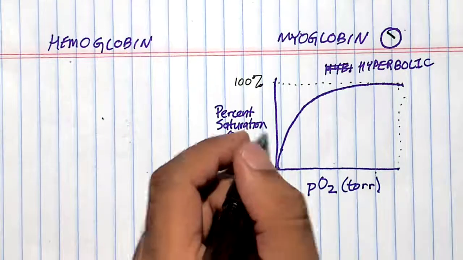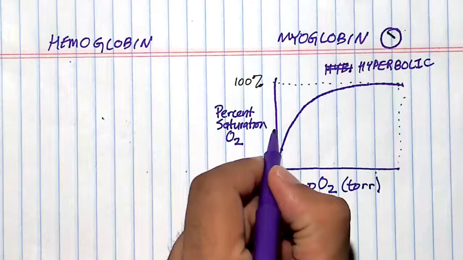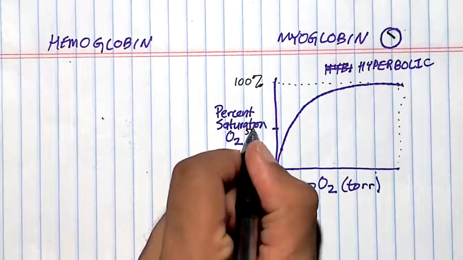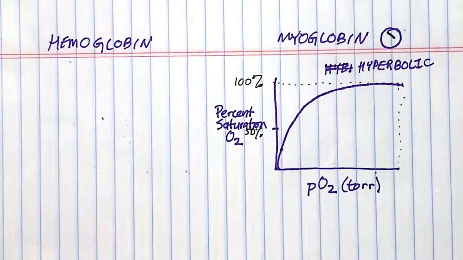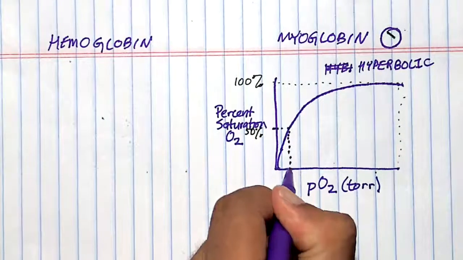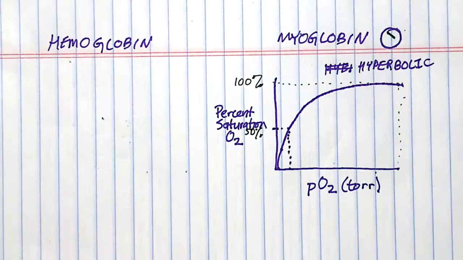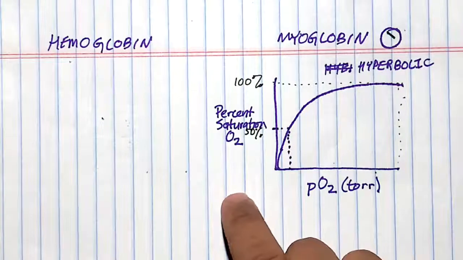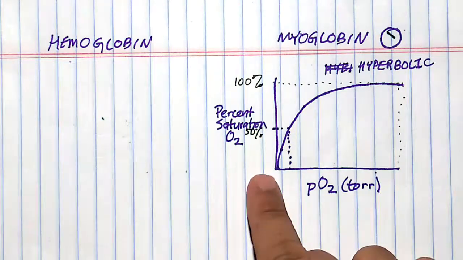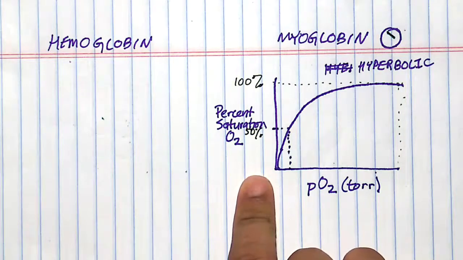What we're really interested in is 50% saturation, the pressure of O2 that's required to saturate 50% of the sites in myoglobin.